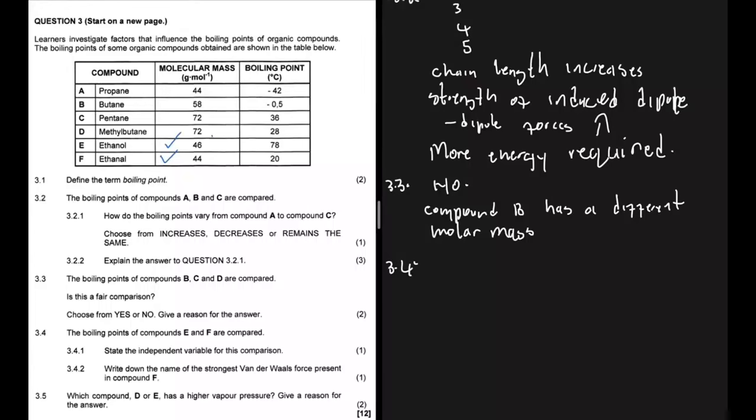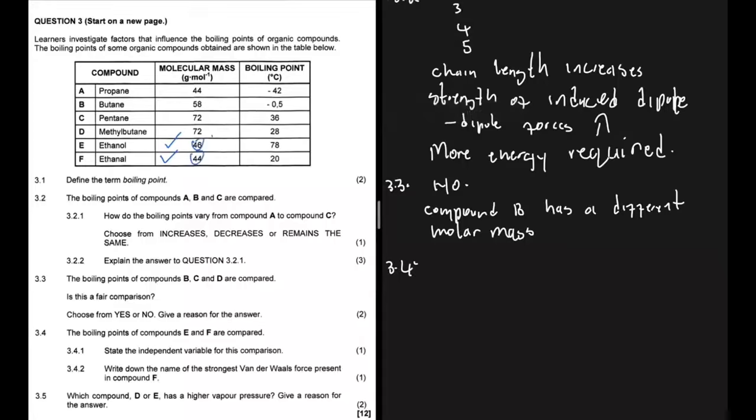So the dependent is what we're looking for, right? In this instance, it will be the boiling point. And now the control is what's kept the same, which is the molecular mass, right? We have 46 and 44. They're not really kept the same, but then they're pretty much close to each other.